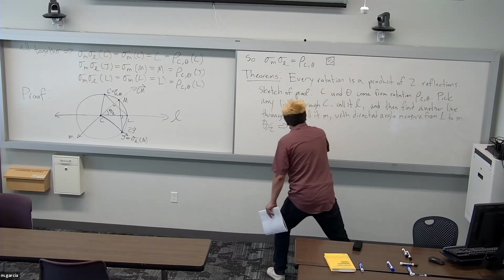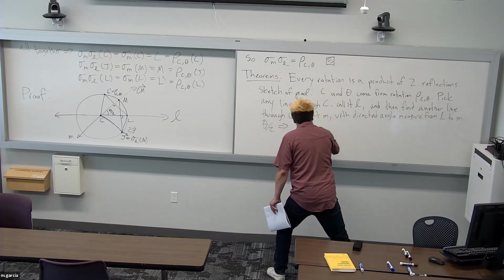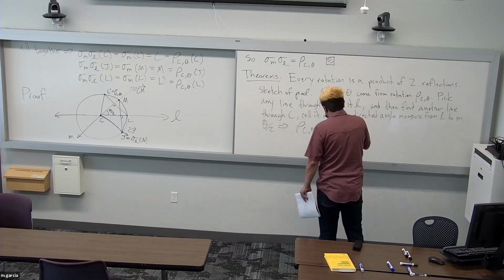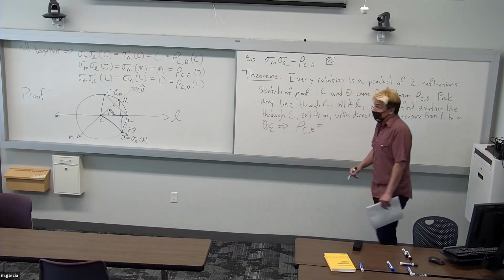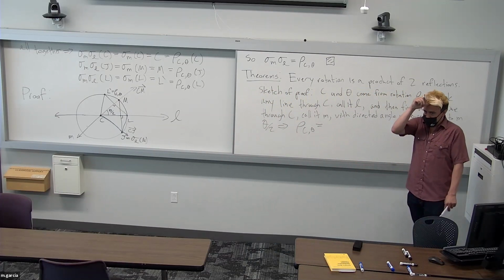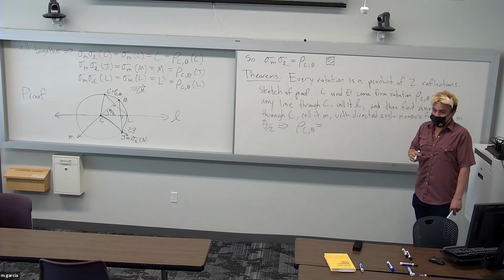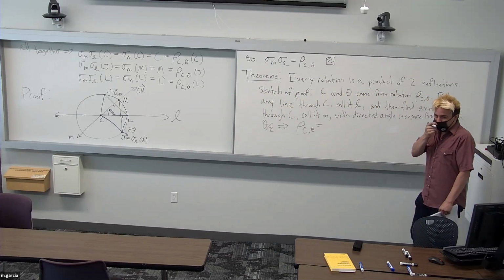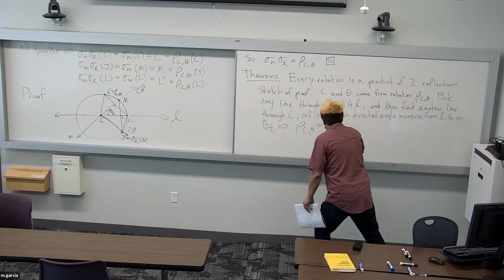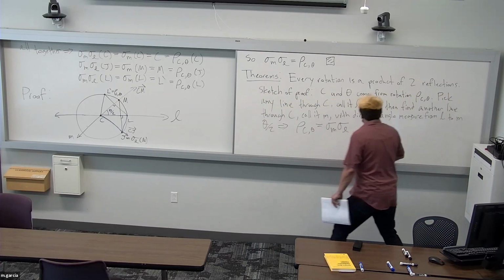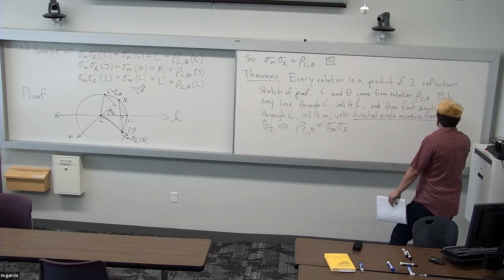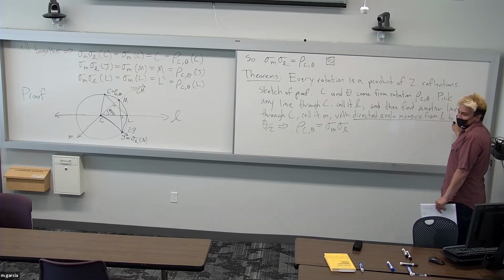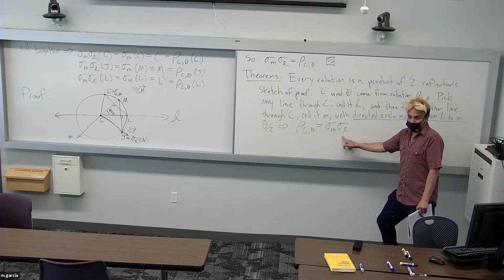It implies that we get rho sub C comma theta is equal to what? Sigma M, sigma L, right? The directed angle measure from L to M. That means L comes first when you apply it.